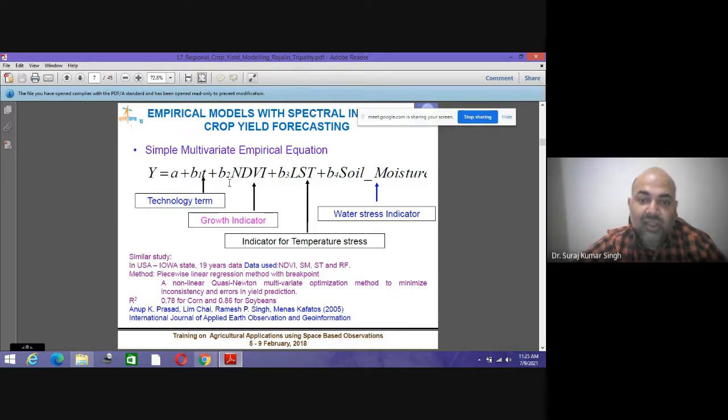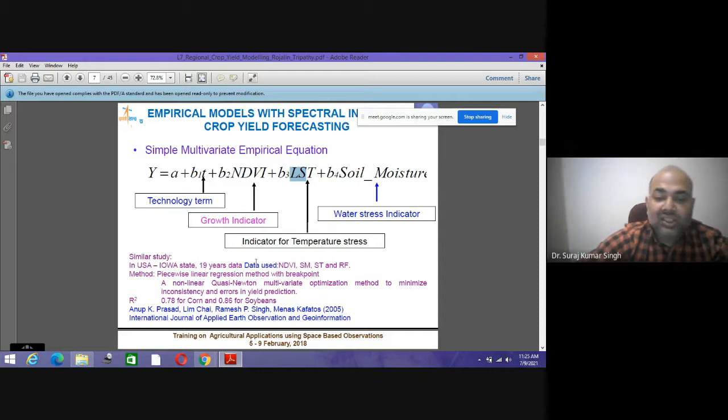the formula that is important to identify any crop yield estimation or crop forecasting, we will be taking from NDVI, we will be getting the growth indicators. From LST, land surface temperature, we will be getting the indicators for temperature stress, and from the soil moisture, we will be getting the water stress indicator.